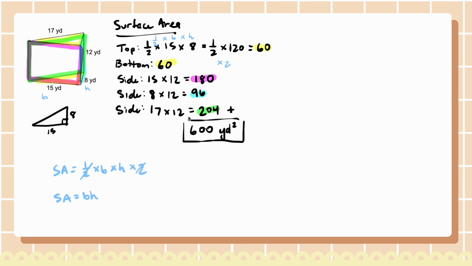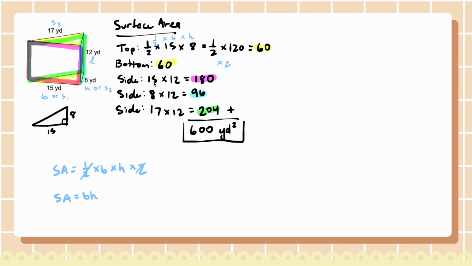We still have these 3 sides over here. So let me finish labeling each of my dimensions in this prism. So we can call the 12 the height of the prism, L for length. Each of these 3 sides of the triangular bases will label as S. So we can call this S1, this would be S2, and then here would be our S3 for each of the sides of the triangle.